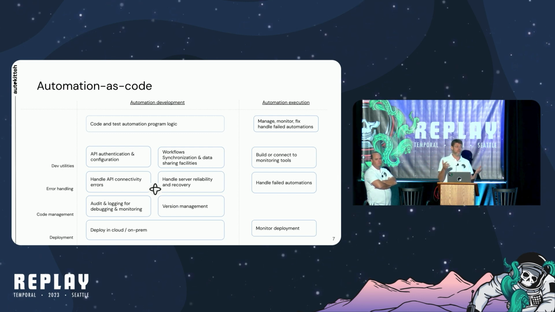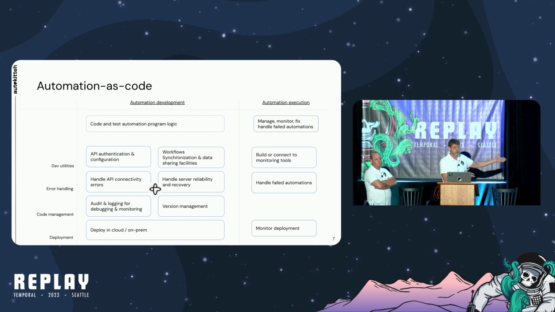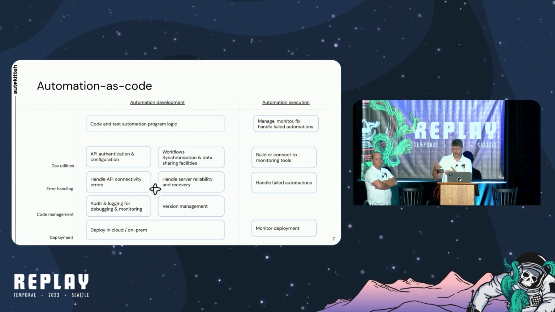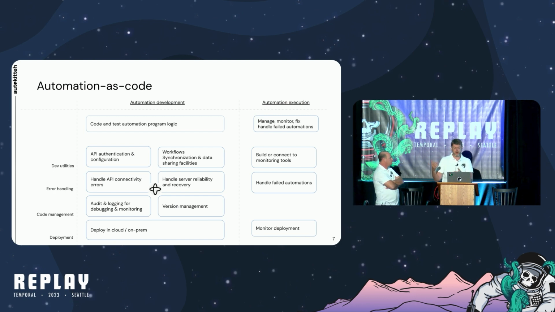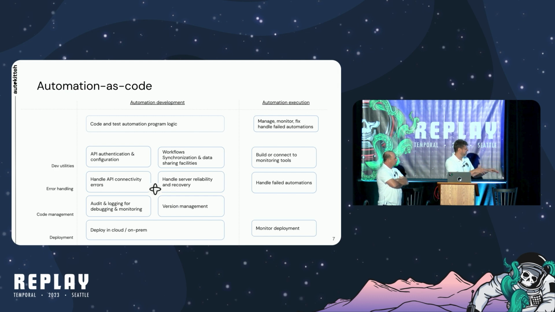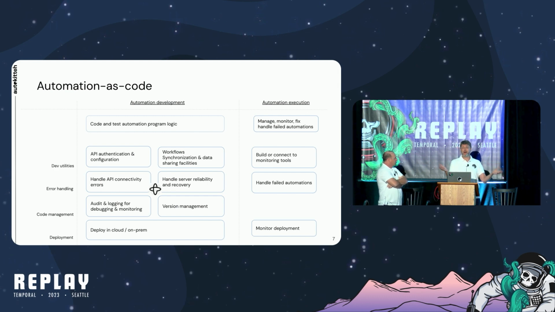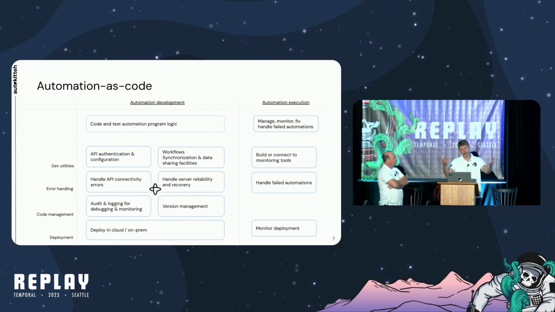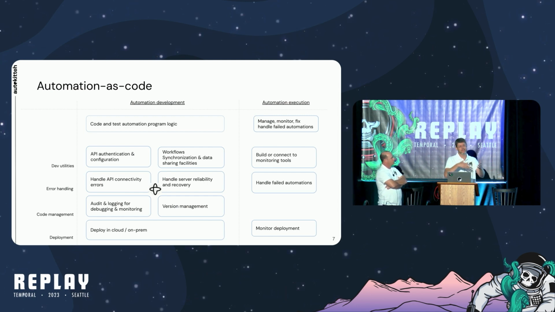Then you have to take care of error handling, which Temporal does amazingly. Error handling and recovery from failures, state management, all of this. Then you have to take care of code management and visibility and auditing. And above all of that, you have to deploy it somewhere. So now you are DevOps, and where do you deploy it, and all of this.